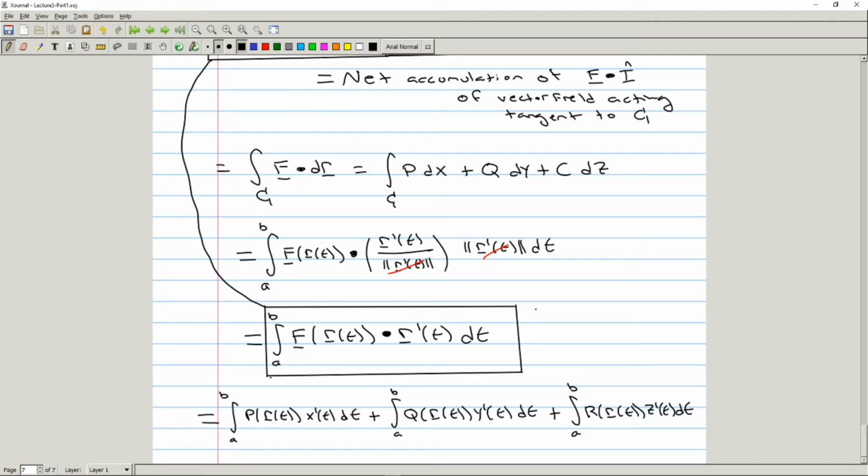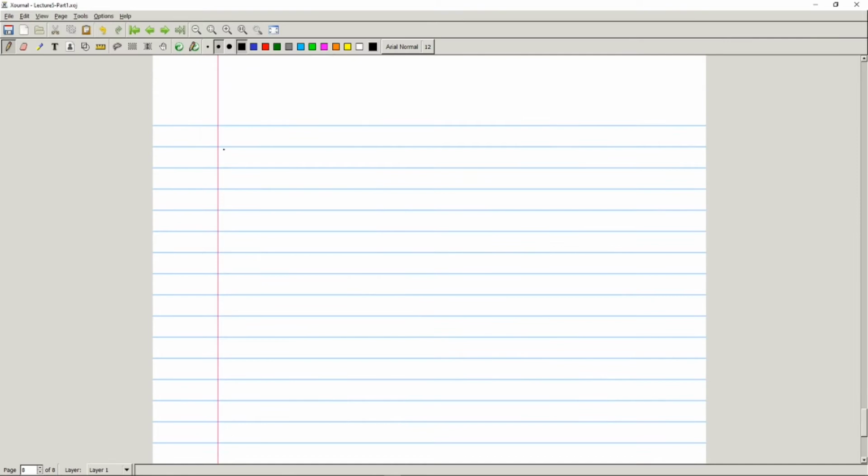So we'll see in some examples how to use this, and how one of the most important concepts that we're going to consider is what's called being path independent. This is going to be one of the huge ideas that is very important to us, because we'll see that path independence is directly related to the idea of a conservative vector field.